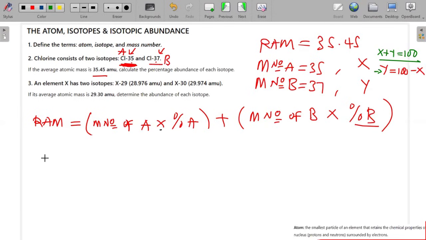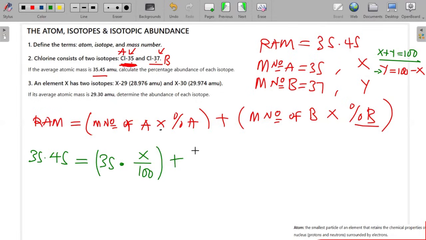So 35.45 is equal to the mass of this guy, 35, multiplied by the percent of A. The percent is always over 100, so I forgot to put the 100 there. So it will be X divided by 100 like that, because it's a percent.